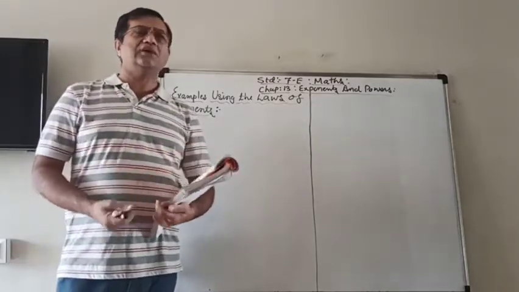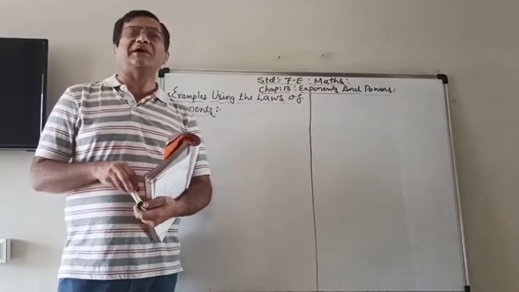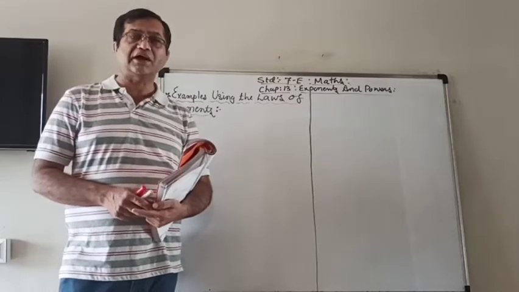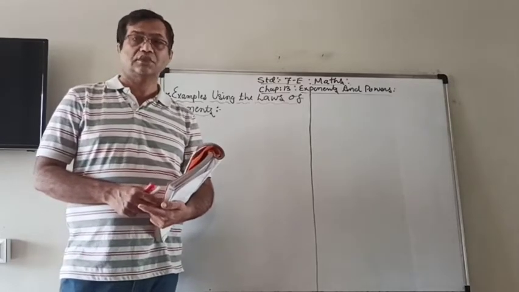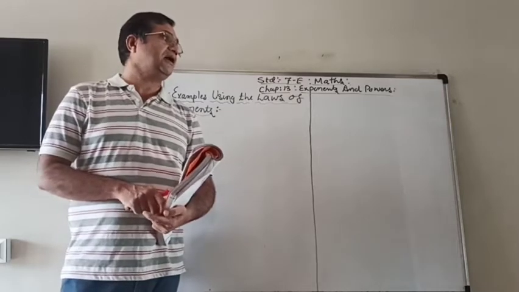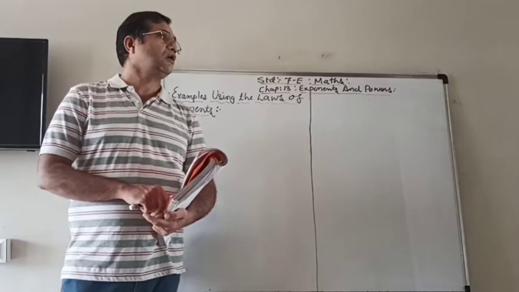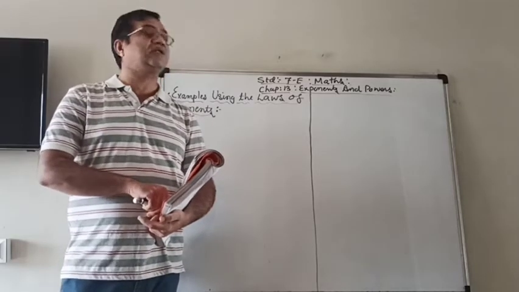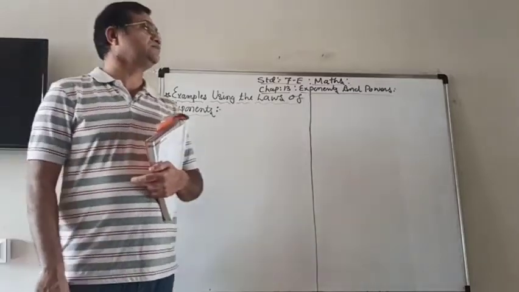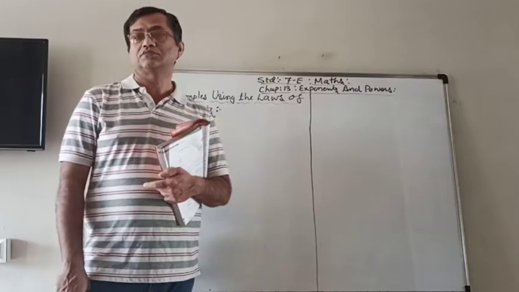We know that when the same number is multiplied, then in short, you can write it using exponents. And then we learned how to write big numbers in the exponent form, and what the base is, what the exponent or the power is.